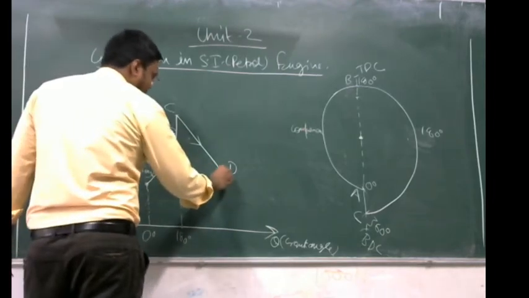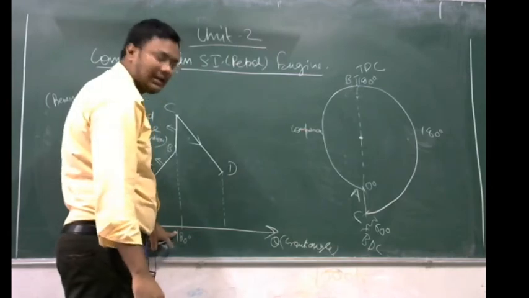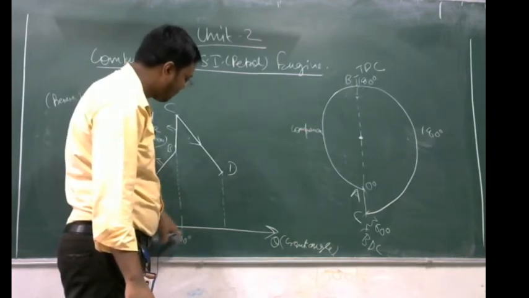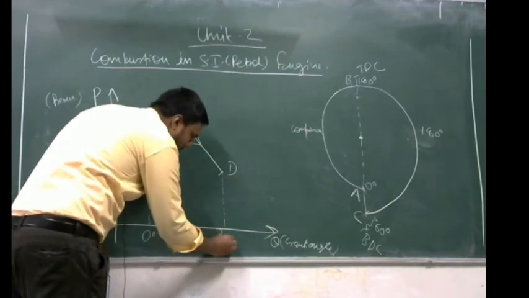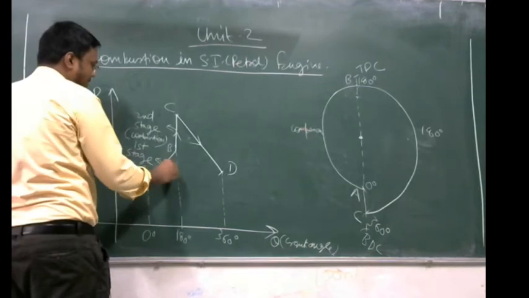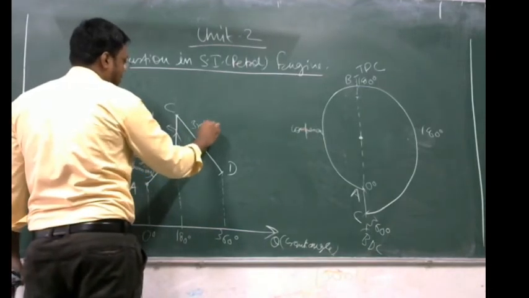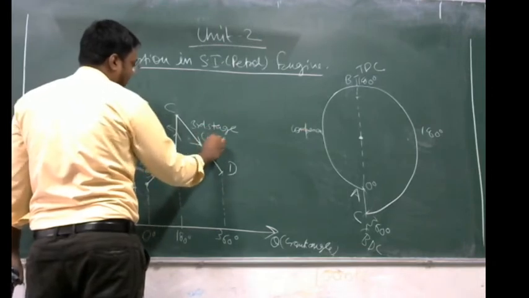At point D the crank has rotated by another 180 degrees, so it becomes 180 plus 180, 360 degrees. This is the third stage, which is known as expansion.